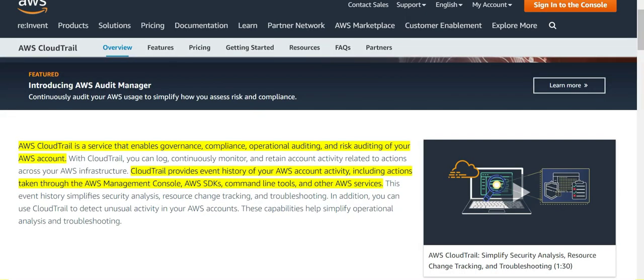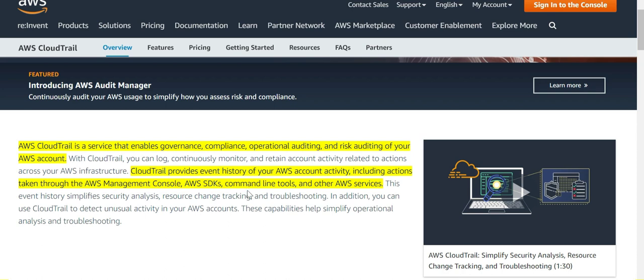Okay, what is CloudTrail used for? It's a service that enables governance, compliance, operational auditing, and risk auditing. It continuously logs, monitors, and retains activity related to actions across your AWS infrastructure. It will provide event history of account activity, including actions taken through these tools.